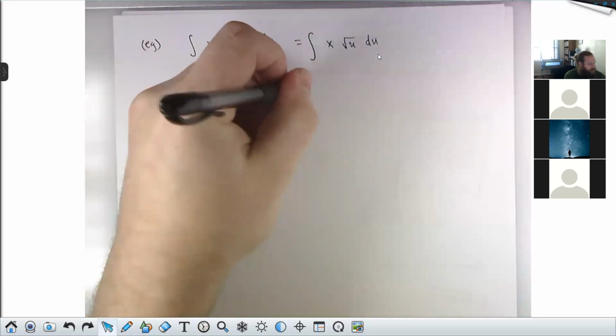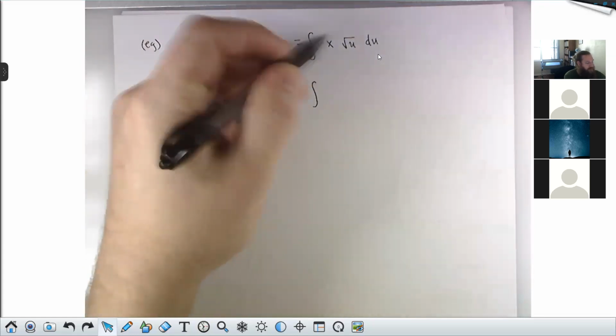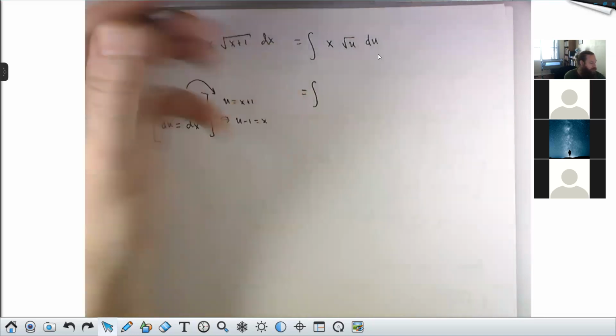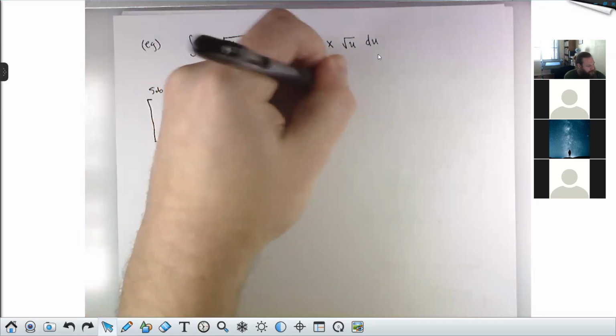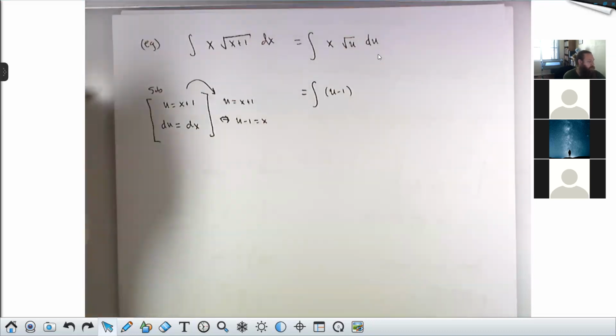Which means this x here, which is a single term multiplying the square root of u, is equal to u minus 1. So I replace it by parentheses u minus 1.